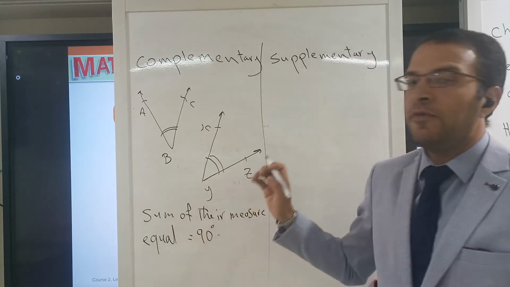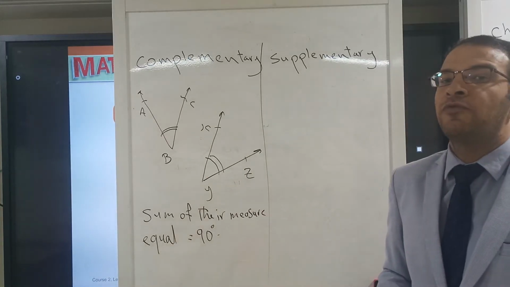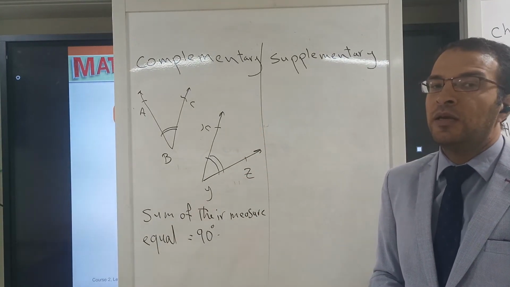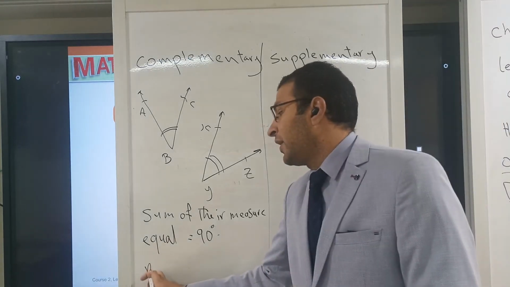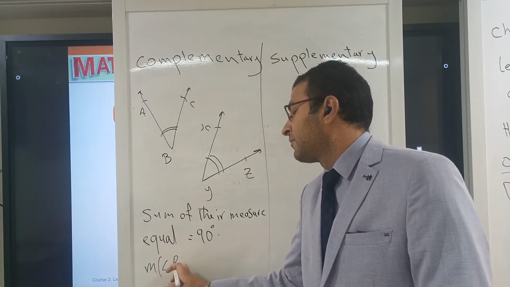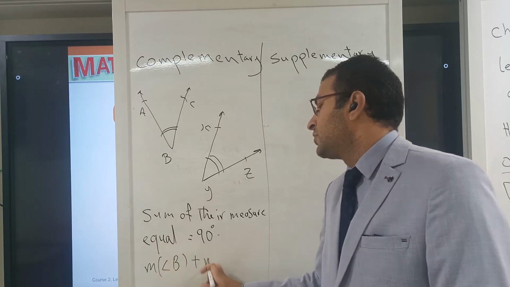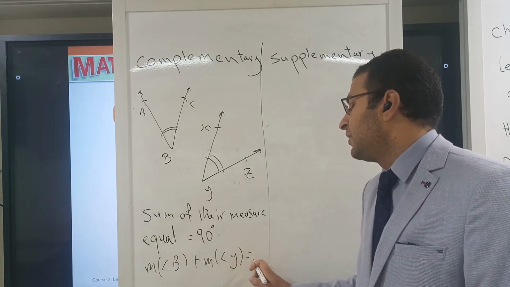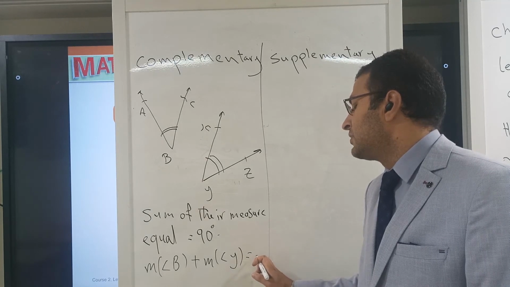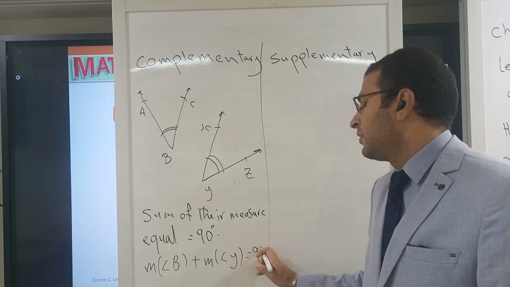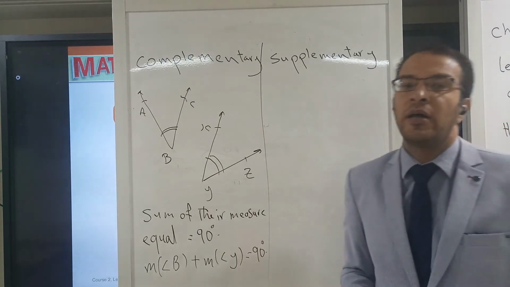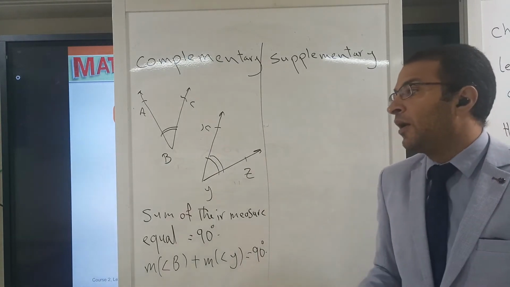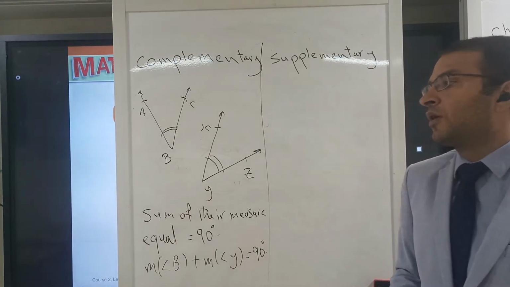So if you have two angles, the sum of their measure is equal to 90 degrees: the measure of angle B plus the measure of angle Y is equal to 90 degrees. So this will be called complementary. So complementary angles are two angles whose sum of measure is equal to 90.